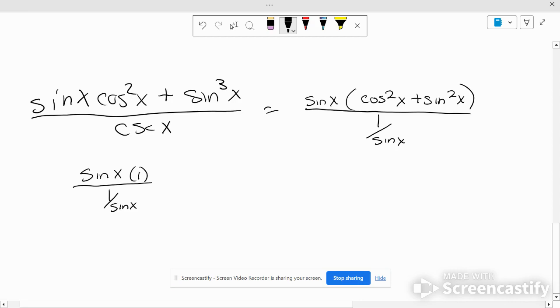No, you cannot cancel. It's a complex fraction, so we multiply by the denominator of the denominator. So if we multiply by sine of x down here, we have to multiply by sine of x here. Does sine of x times sine of x cancel? No, sine of x times sine of x is sine squared of x.